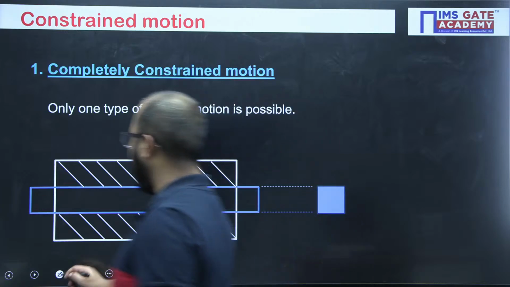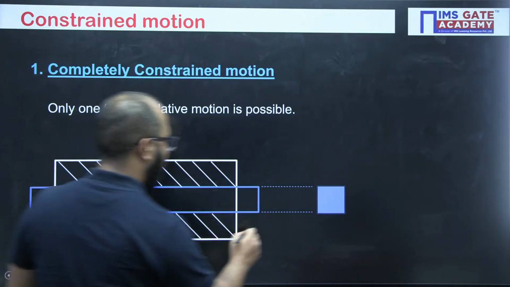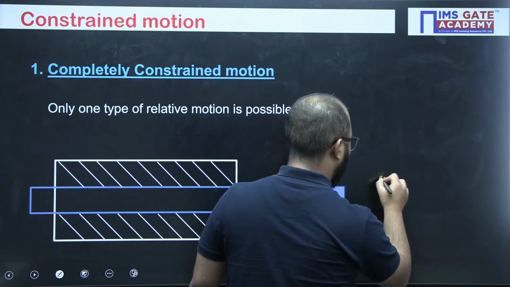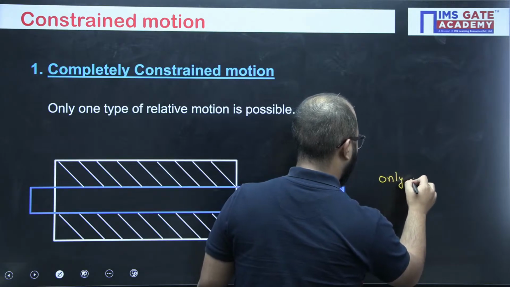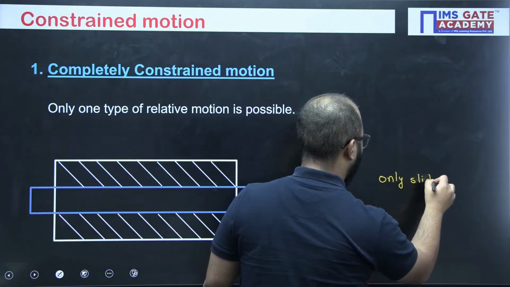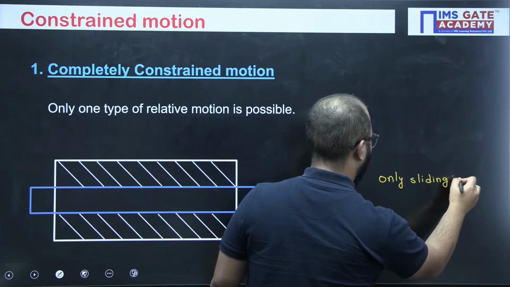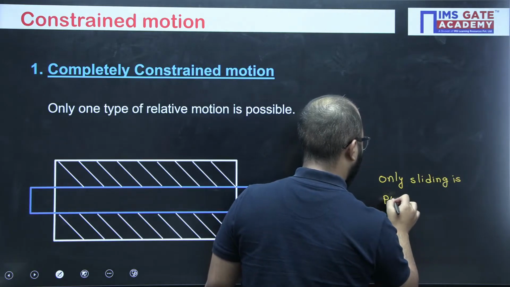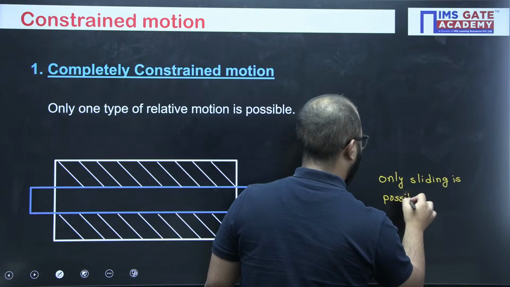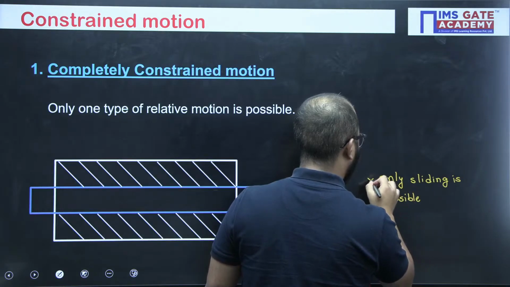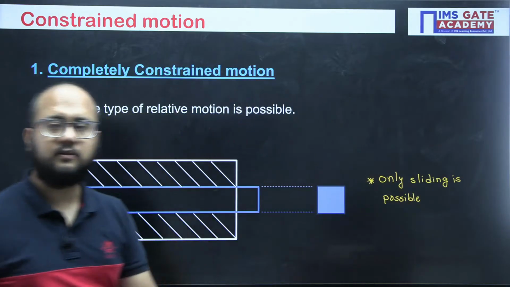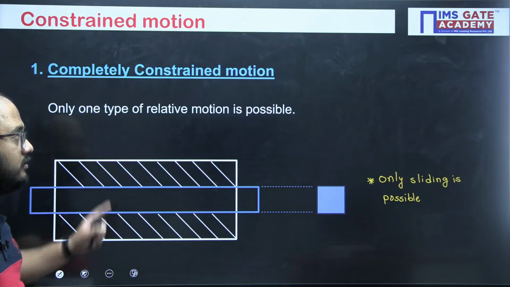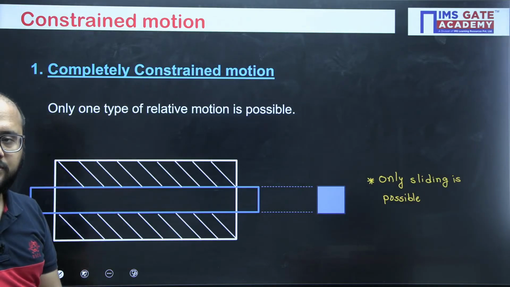So that is the point we need to understand here. Only sliding is possible. So this is known as completely constrained motion.